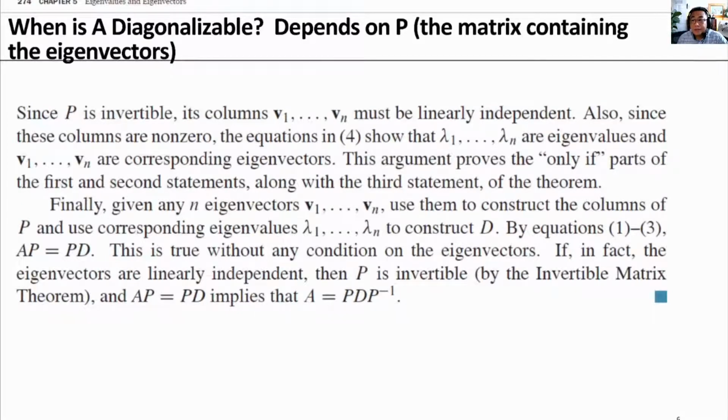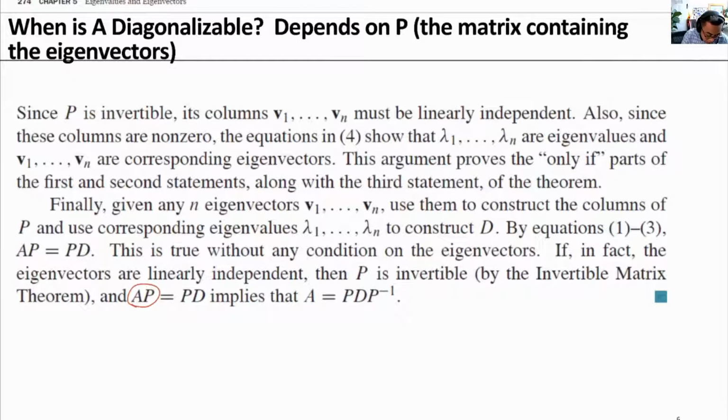We'll now discuss some proof why A times the eigenvectors contained in the P matrix will produce diagonalization.